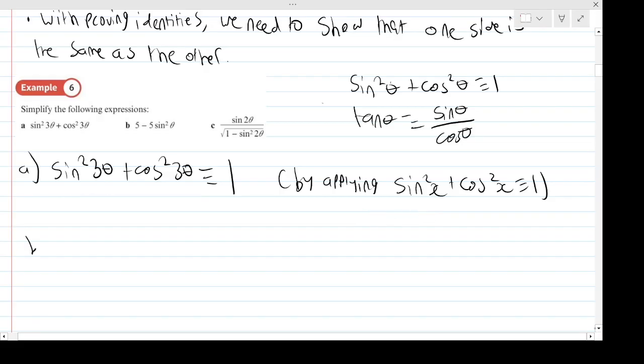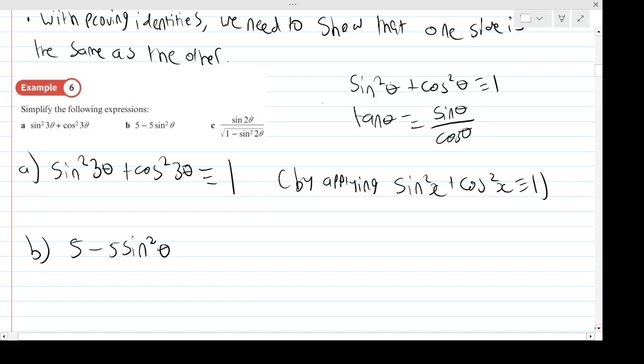Okay, part B, we need to simplify 5 minus 5 sine squared theta. Again, we have a sine squared here, so I'm thinking I want to use this identity. But how exactly?